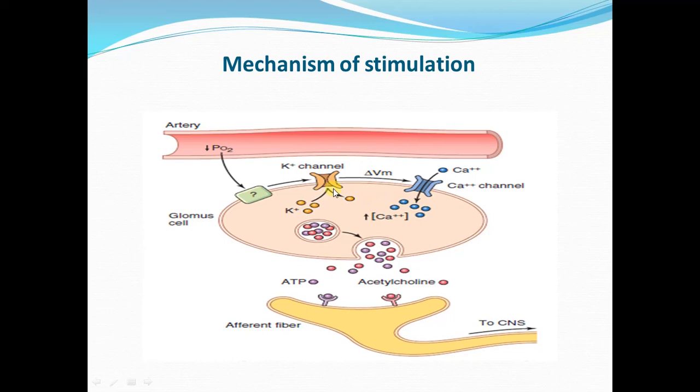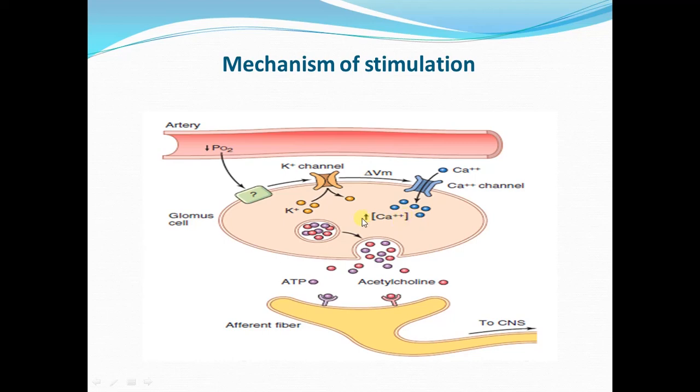Closure of the oxygen sensitive potassium channels causes depolarization because more potassium is accumulated within the cell, and this in turn will lead to opening of the voltage gated calcium channel. Opening of the voltage gated calcium channel will lead to influx of calcium into the cells.